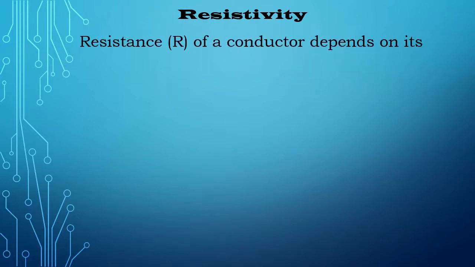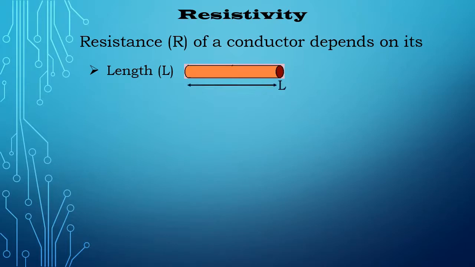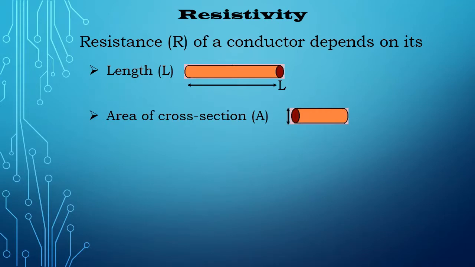Resistance of an object depends on the size and the shape of that object. It mainly depends on the length of the conductor L, area of cross section A, and the resistance mostly depends on the material it is made up of.